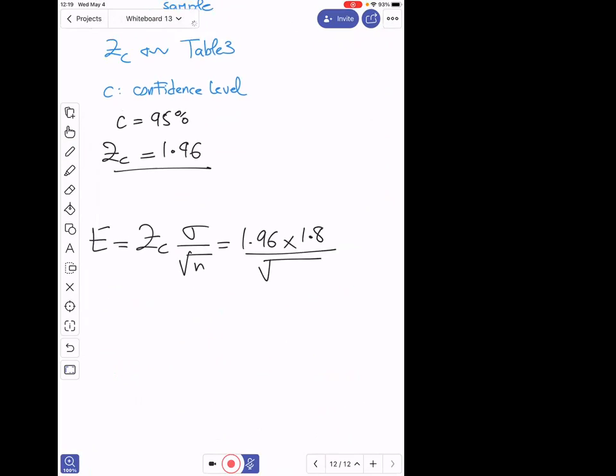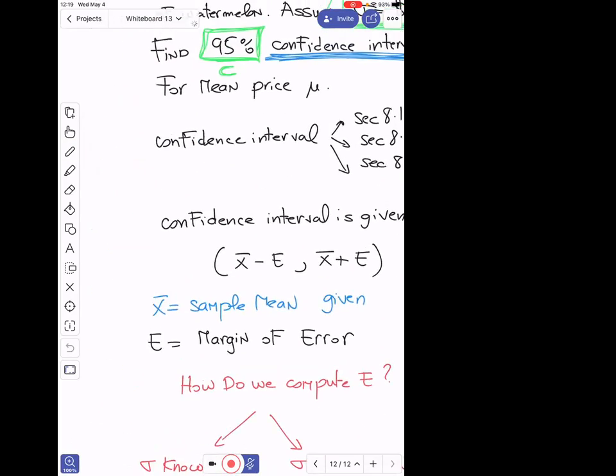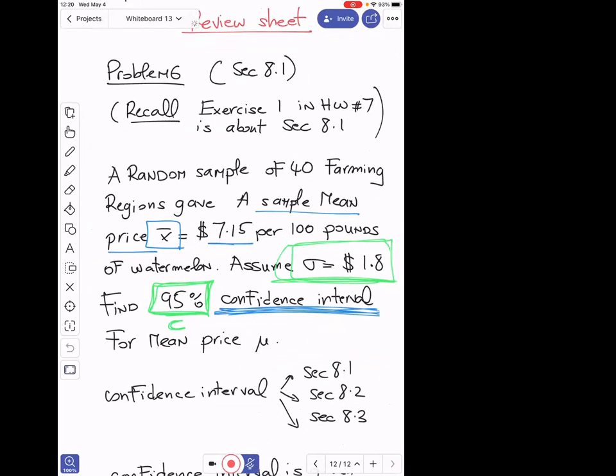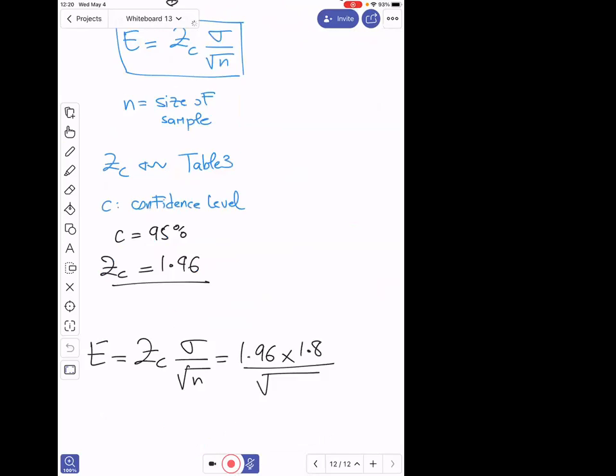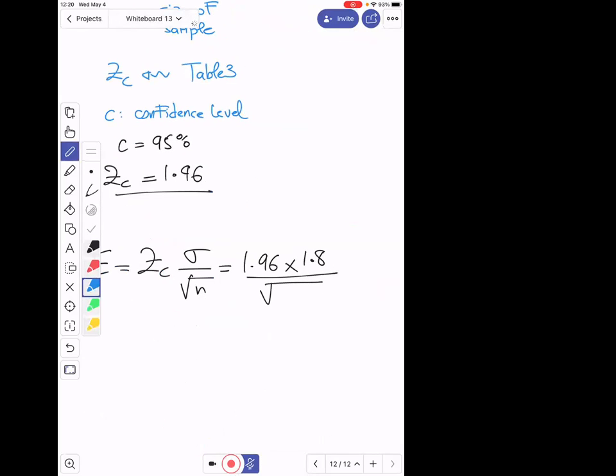The random sample is 40 farming regions, so the sample size is 40.